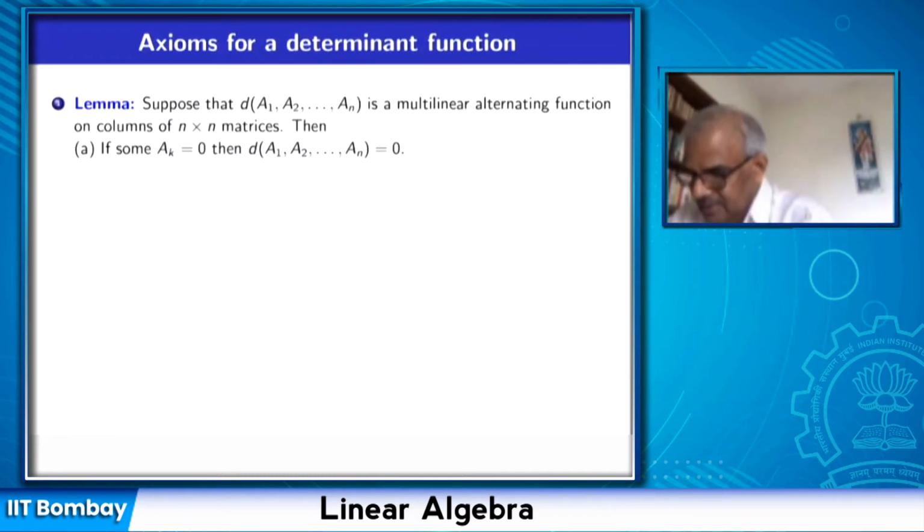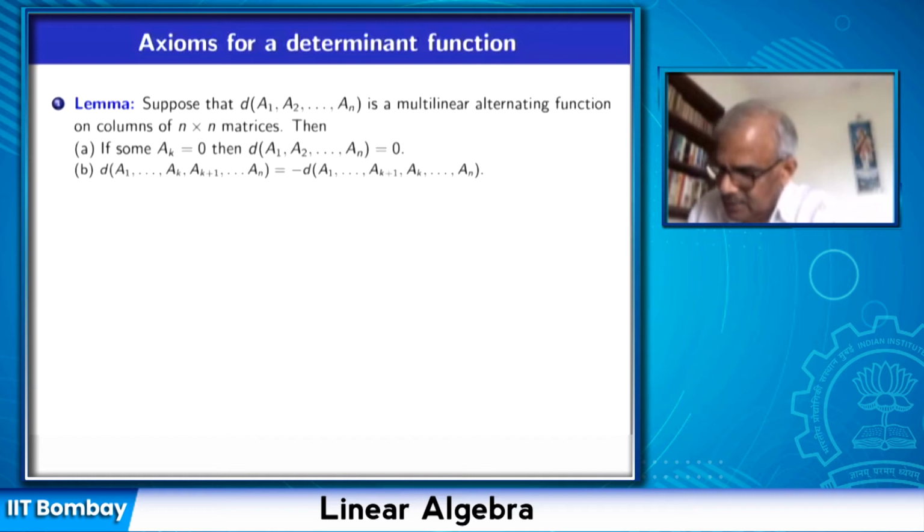Then if some AK is 0, then D of this matrix is 0. So for a matrix where one of the column vectors is 0, D of A1, A2, ..., AN is 0. Then if I interchange the kth and (k plus first) column, then I acquire a negative sign.